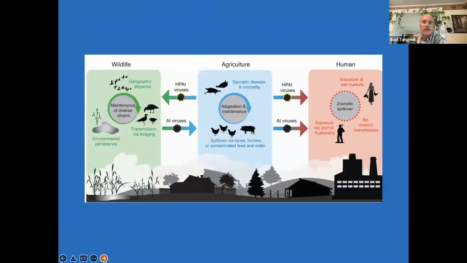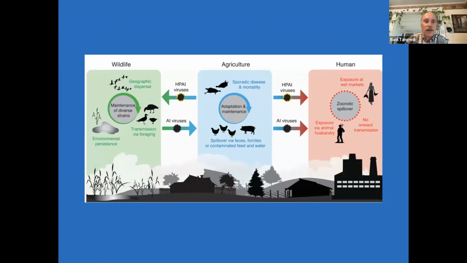So here's kind of the overall picture of the ecology. We have our wildlife reservoir of persistence of the viruses amongst birds. The birds are not themselves really sick with this; this is the low pathogenic form. These are quintessential avian viruses, very well adapted to their species.